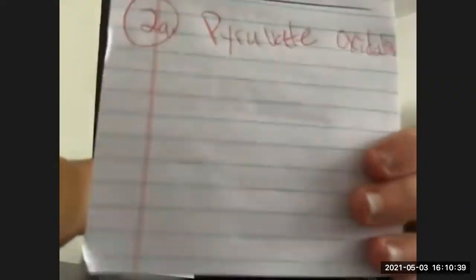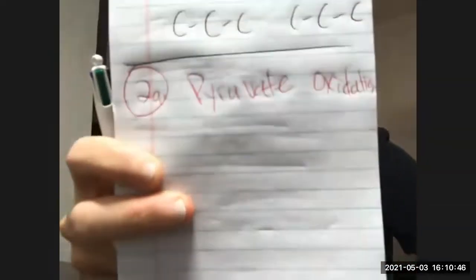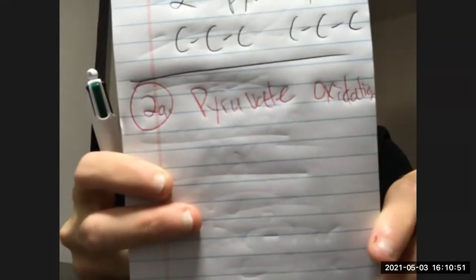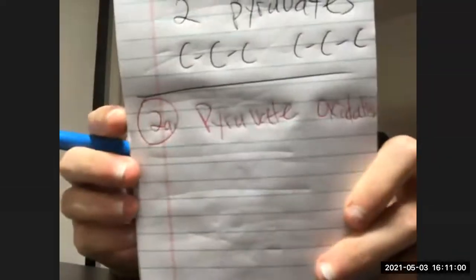Pyruvate oxidation had a few names. If you're reading the text, it's typically called that, but it's also called pyruvate processing or the transition step or whatever. It's all the same, but I like to call it pyruvate oxidation because that's what's going to happen.